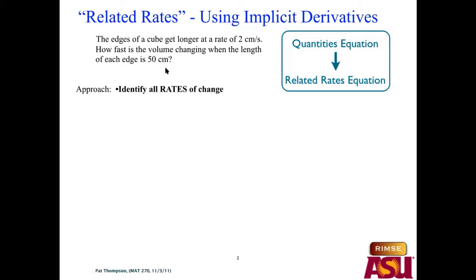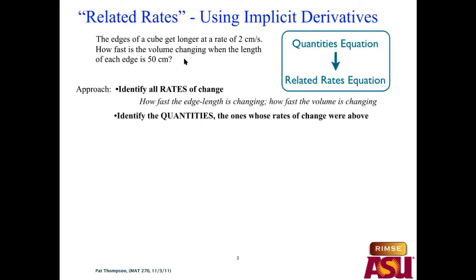I'll figure out what to do with this later, but this is a measurement for the edge length. This is a rate for the edge length. And I want to find a rate for the volume. And all these rates are speeds, like rates with respect to time. So we have edge length, volume, and how fast either one of those is changing.